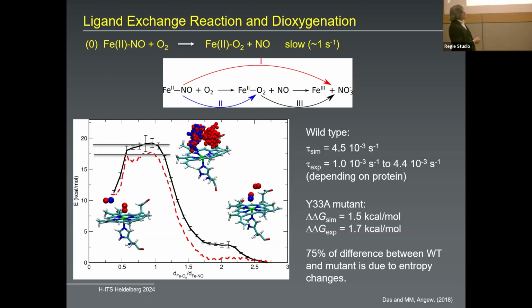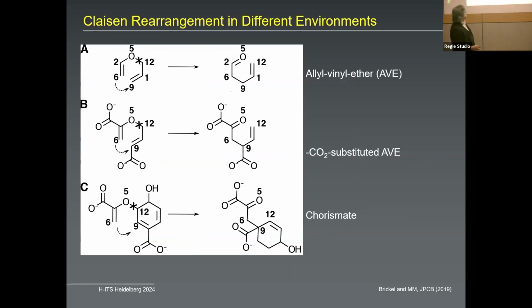And we can also compare the differential change in free energy between the tyrosine and alanine mutant at a particular position, which agrees rather favorably with experiments. So this is another process we're able to look at explicitly with MD simulations.